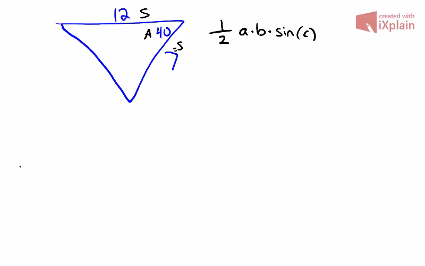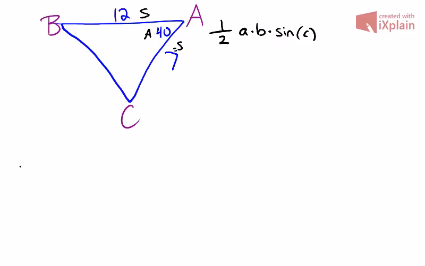And all I got to do is take what I have on this triangle and plug it in. The letters on the outside can be A, B, C. The placement of them is arbitrary. It does not matter what letters are what. We use the 2 sides and the angle that's in the middle that gives us our side angle side.